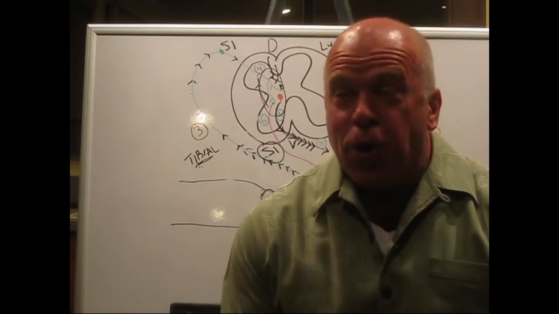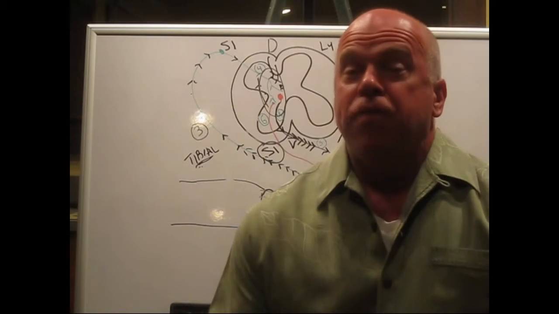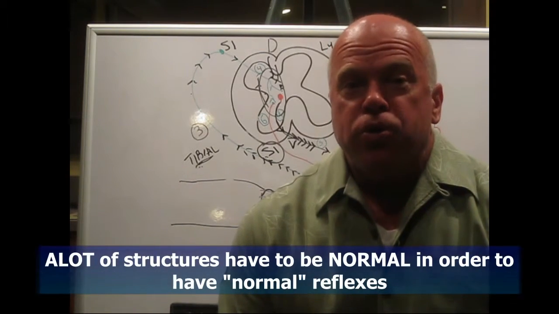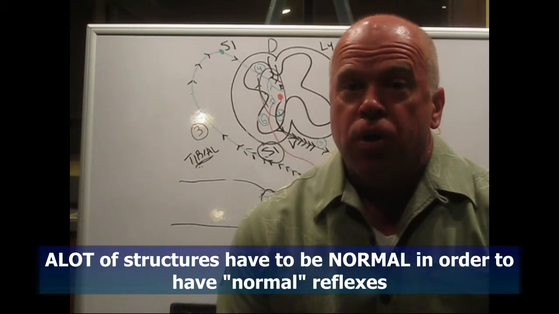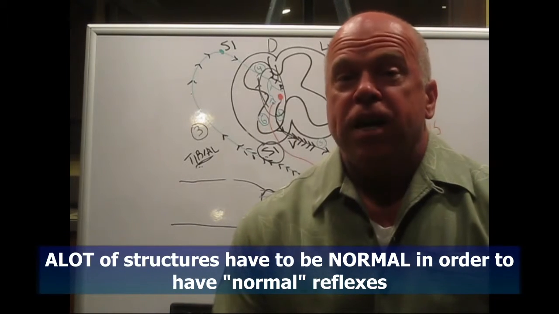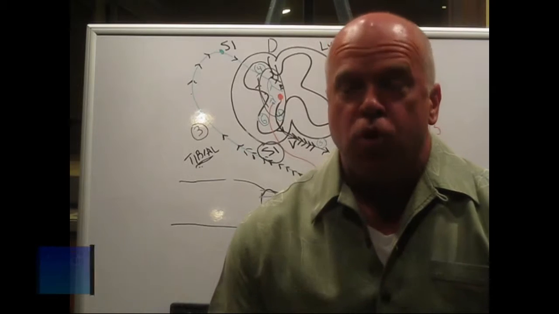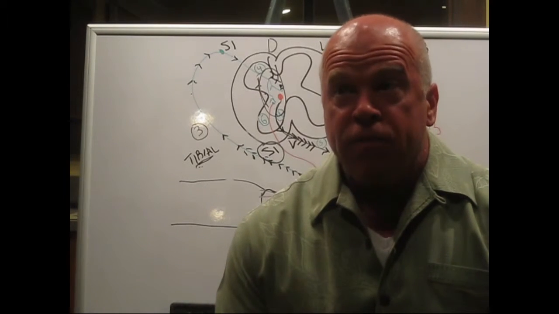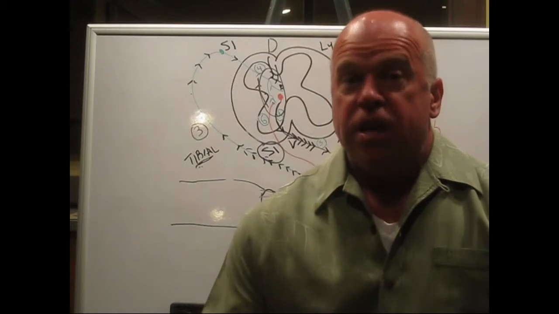A whole lot of structures have to function properly in order to produce normal Achilles reflexes, normal patellar reflexes, normal hamstring reflexes, etc. When you have normal reflexes, it tells you a lot.